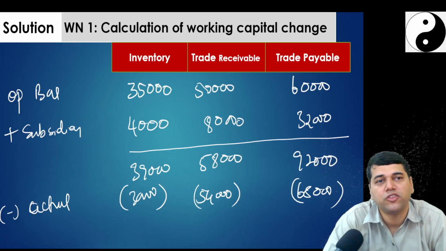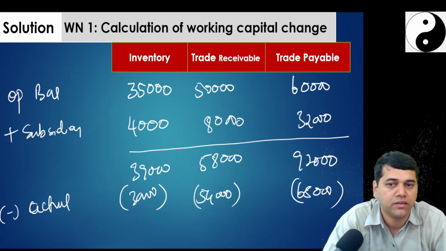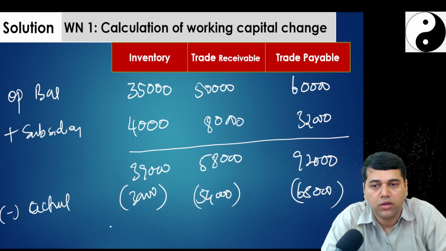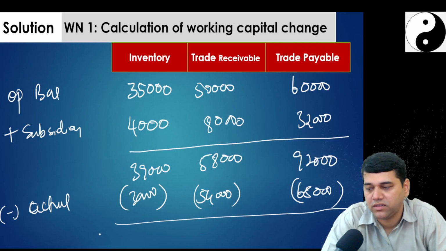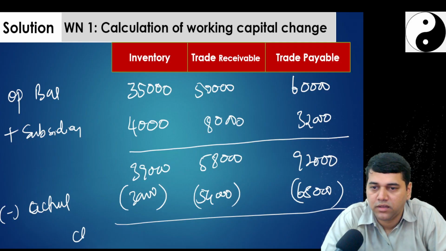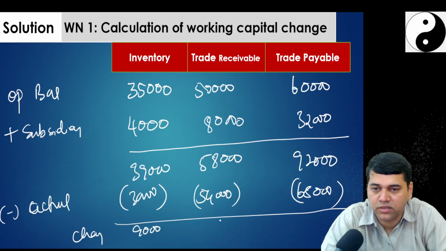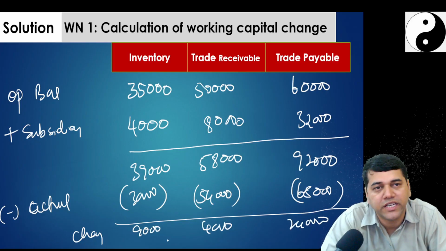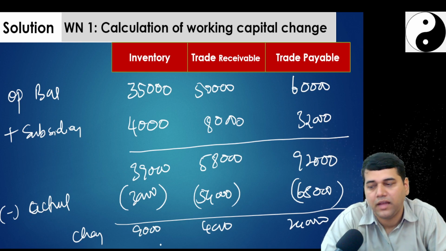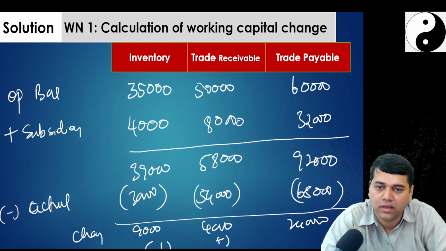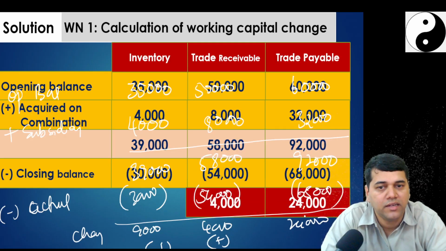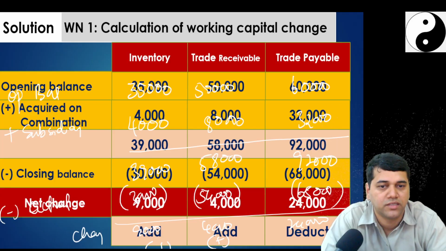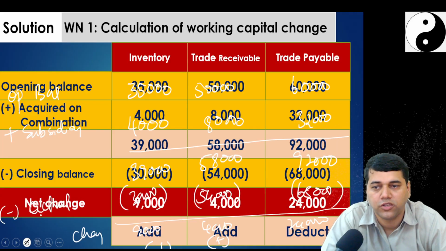Opening balances are without B. Closing balances are with B. Now, how much is your change? You have got 9,000, 4,000, 24. Are you going to add 9 or deduct 9? Add. Add. And deduct. Followed, no? The logic.